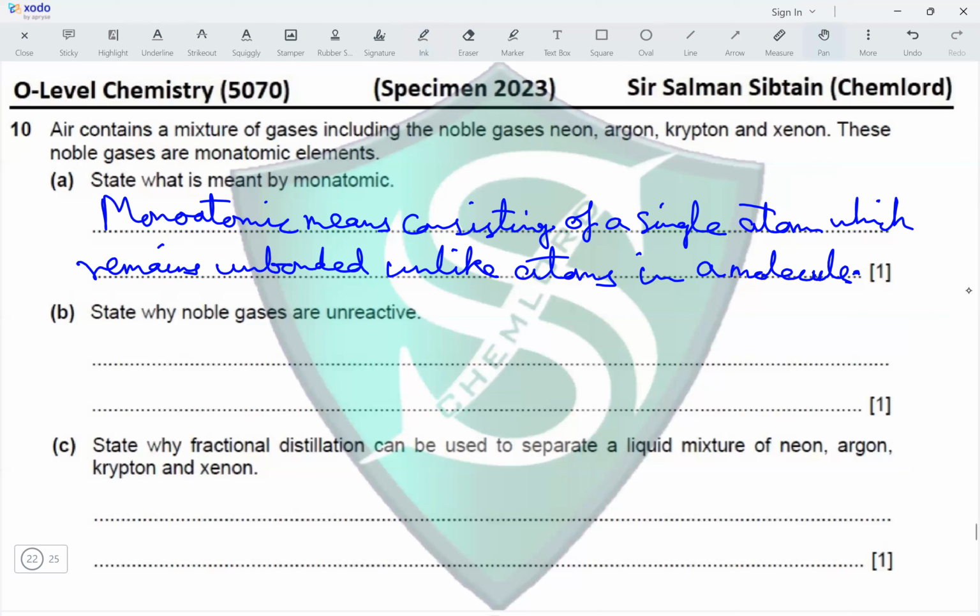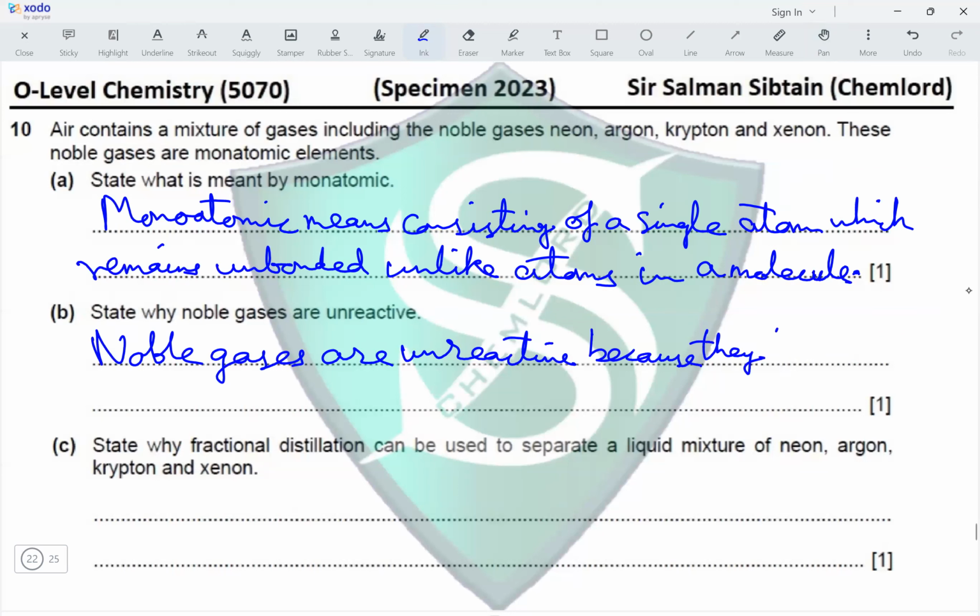Okay. Next, state why noble gases are unreactive. So, noble gases are unreactive because they have a stable electronic configuration.